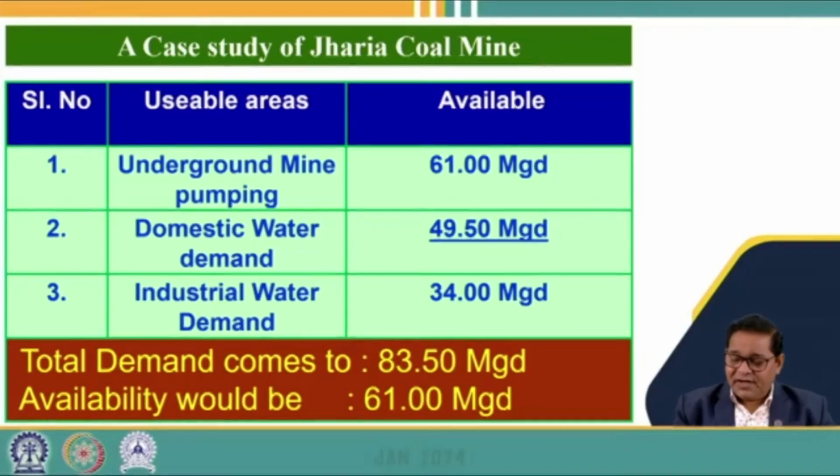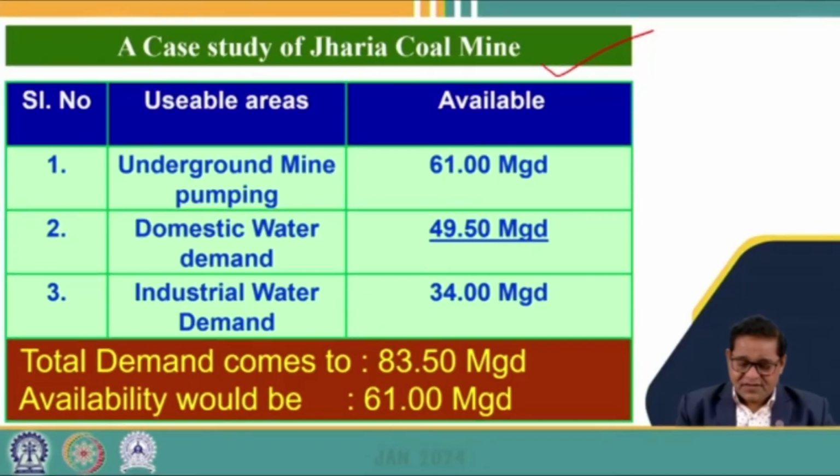This is a case study of the Jharia coal mines, which shows how much coal mine water is generated and how much water demand can be met with this mine water that is being disposed of as waste into the water bodies.